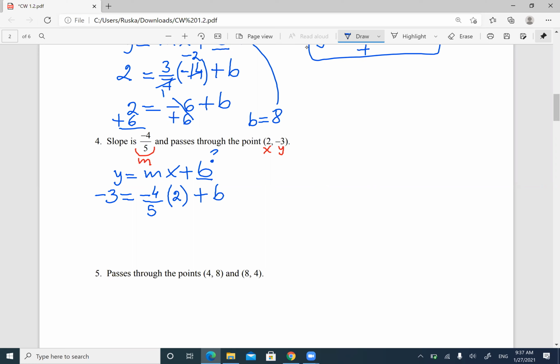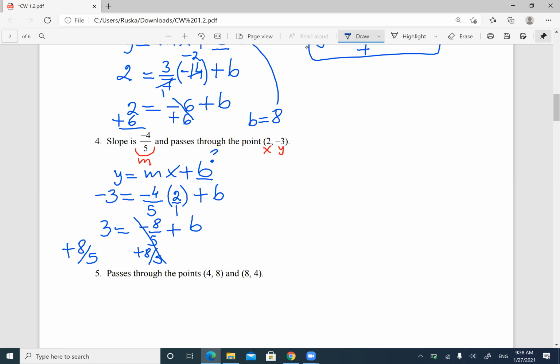We need to find b. We're going to get a fraction, but we do the same thing. This is 2/1, so I'll just multiply across. So you have negative 3 equals negative 8/5 plus b. So you're going to add 8/5 to both sides to cancel it.